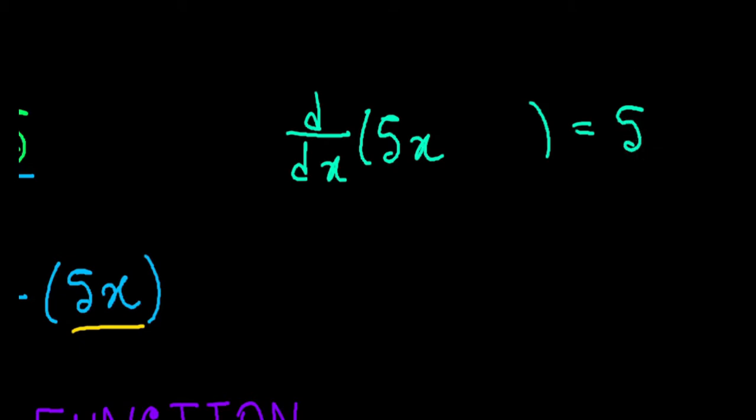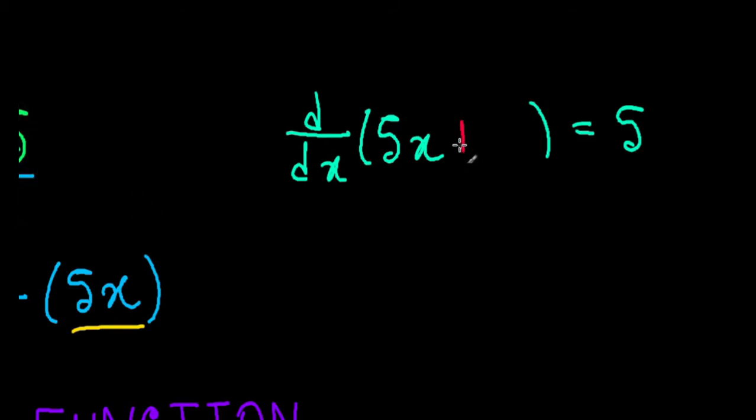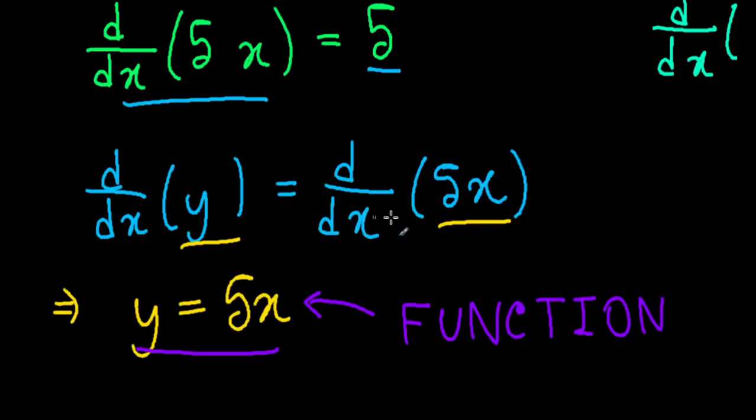That is true. But what happens if I add, say, 1? Nothing, right? Because you can separate these and take the derivative, and the derivative of 1 is 0. So it doesn't change this. This is still true: the derivative is still equal to 5.